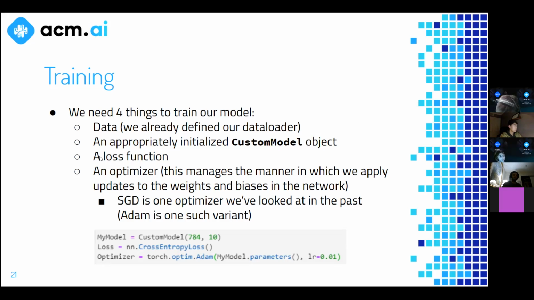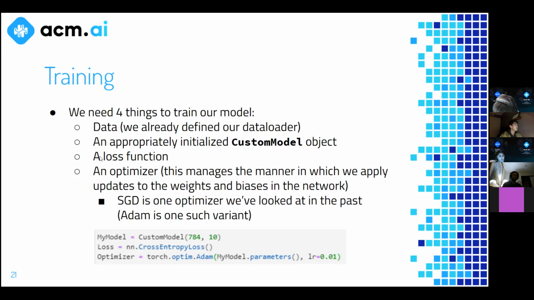In the past, if you remember, we used mean squared error, where we take the output and the labels, subtract them from each other, and then square them. That was the loss function we were using in our past workshops. Here we're going to use a different cost function called cross entropy loss.